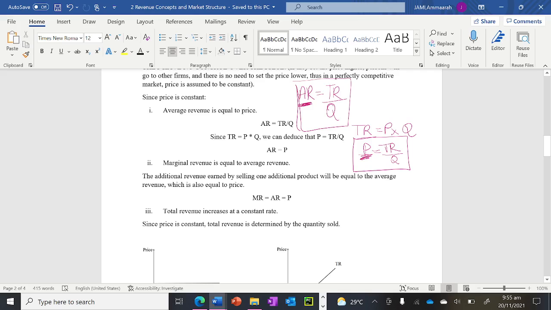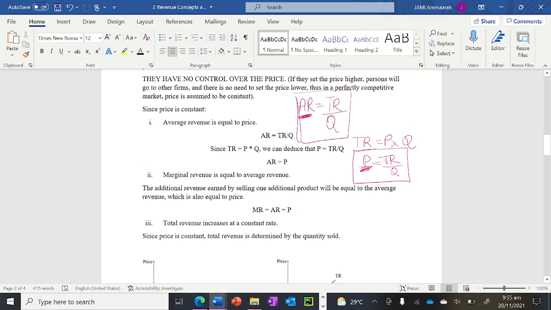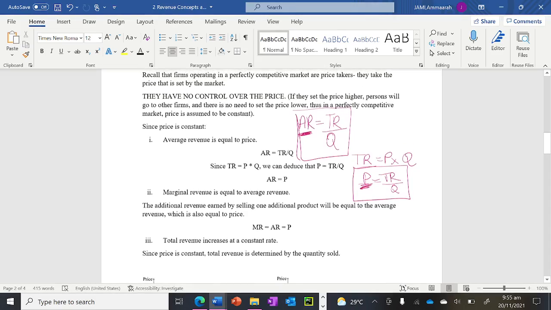And we know that average revenue is equal to price, so therefore the marginal revenue is equal to the average revenue, which is equal to the price. They're all the same, and they're all fixed because price is fixed in a perfectly competitive market.